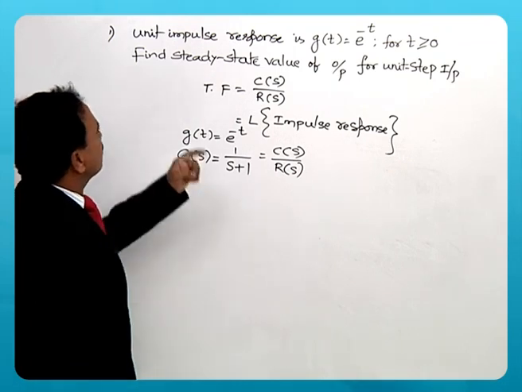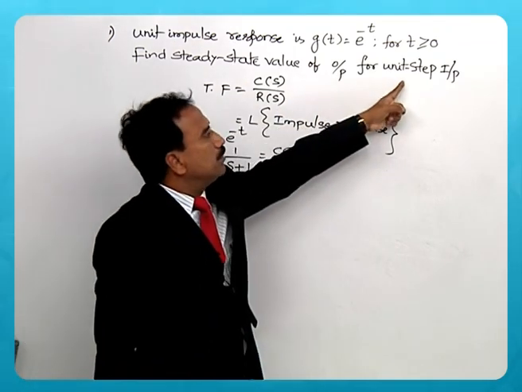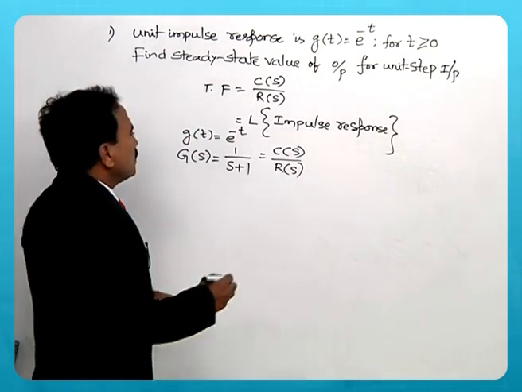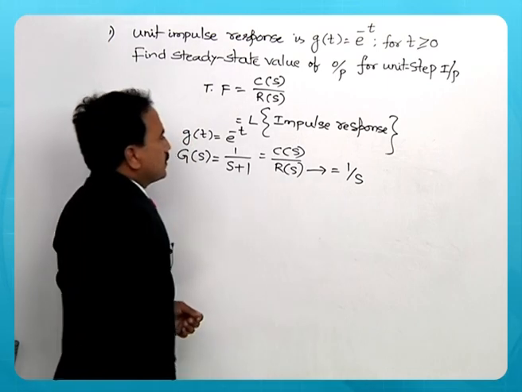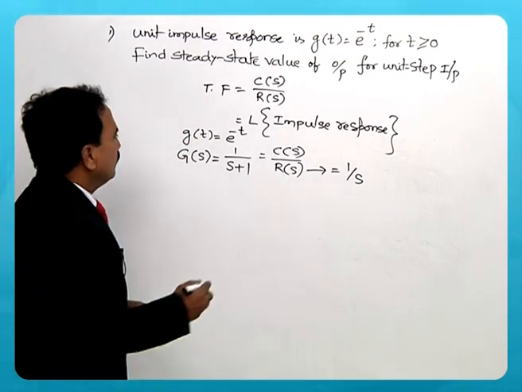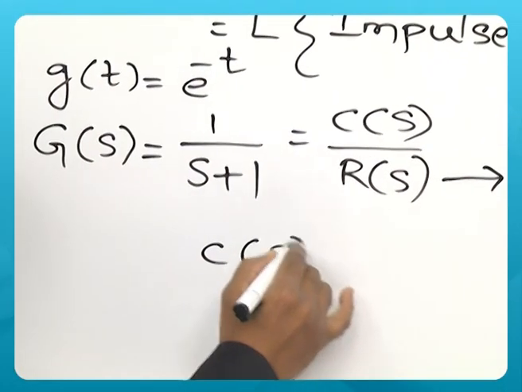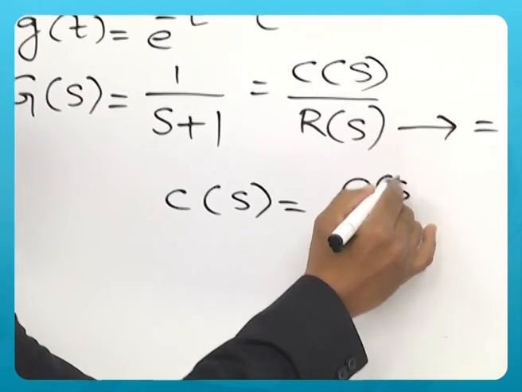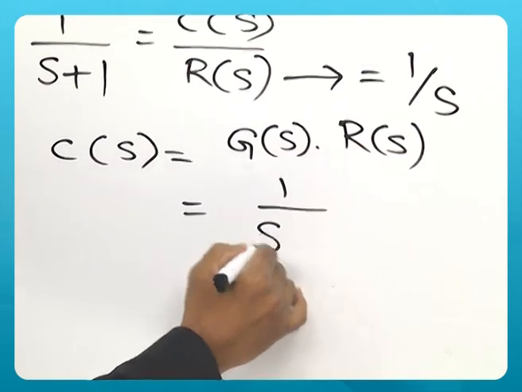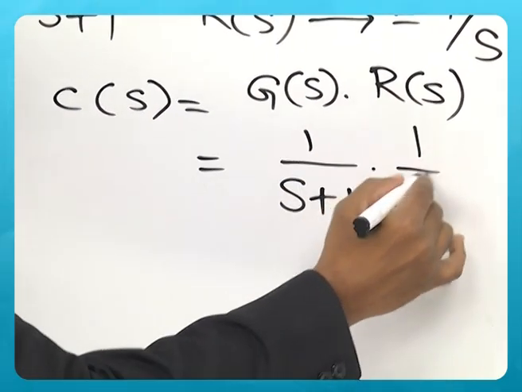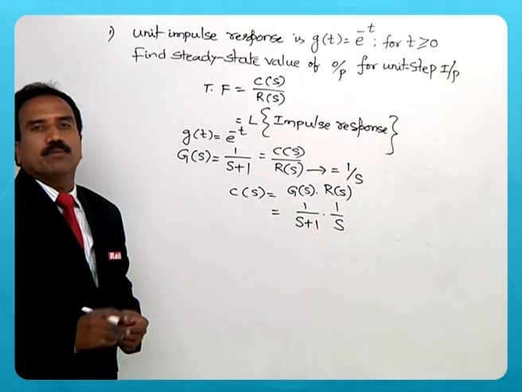Now he is asking for unit step input. So what is R of S? R of S is 1 by S. So C of S is given by G of S into R of S. G of S is 1 by s plus 1 and R of S is 1 by s.